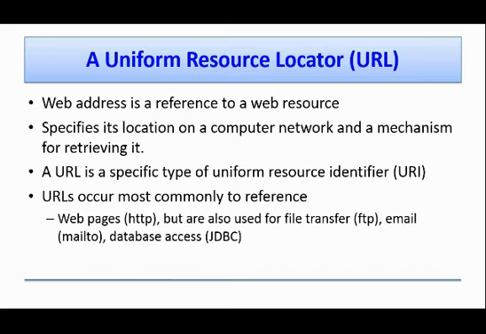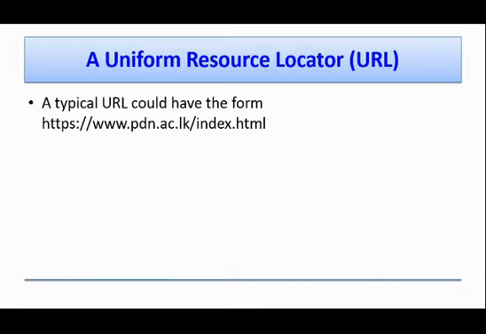When the server sends a web page, it uses the HTTP protocol. When the server sends a file, it uses the protocol called FTP. When you access a database, there is a method called JDBC, right? And then next, what is the format of the URL? This is the common format of the URL.